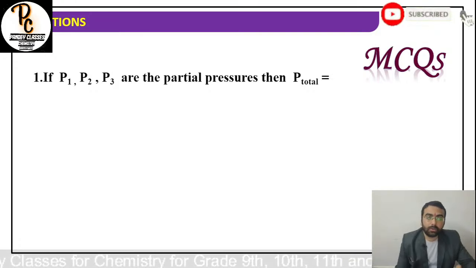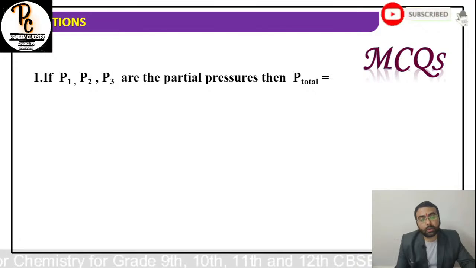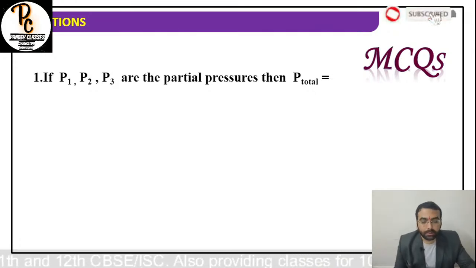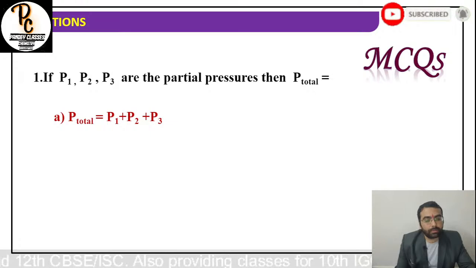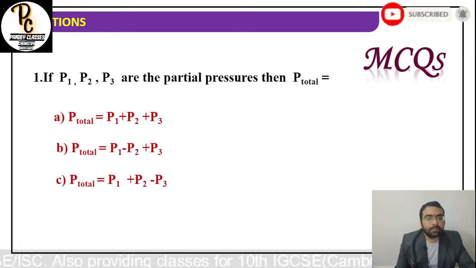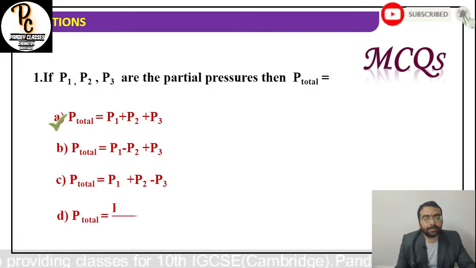Again, which law are we applying here? We are applying Dalton's law of partial pressure, according to which the total pressure exerted on the walls of the container is equal to the sum of the partial pressures of the individual gases. So here P total equals P1 plus P2 plus P3 only, right? So the first is the correct answer.